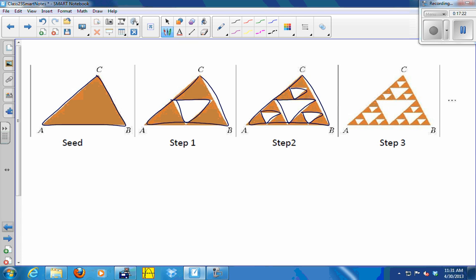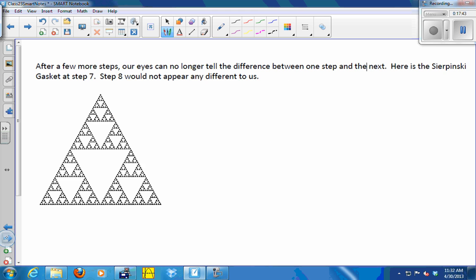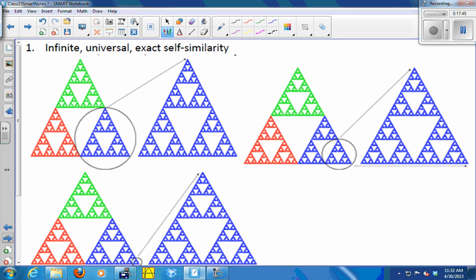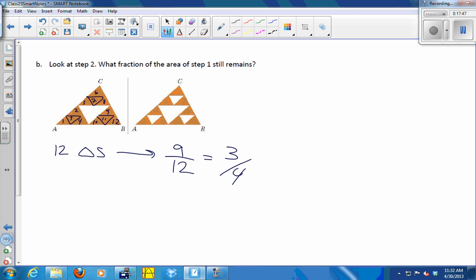What's happening to the amount of money in your bank account? It's getting smaller. And it's approaching 0. If you just keep throwing away 25% of your money, you're going to have no money real fast. Or at least no significant amount of money. It's going to be real close to 0.